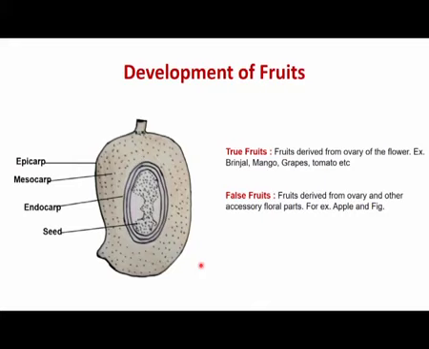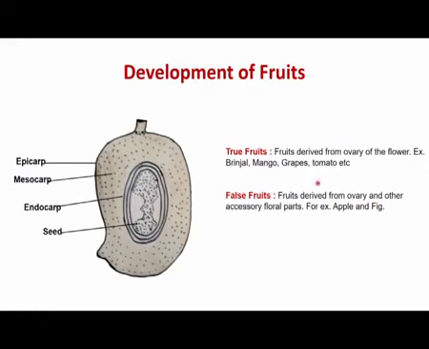Technically there are two different types of fruits formed in the angiospermic plant. One is called the true fruit. True fruits are derived from the ovary of the flower, and do not contain any other plant parts.